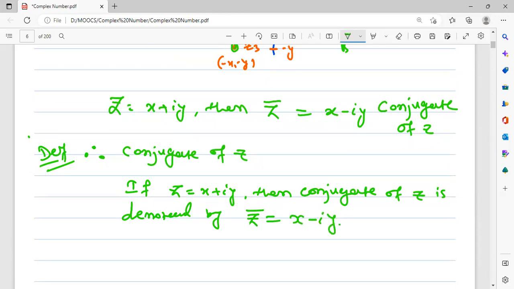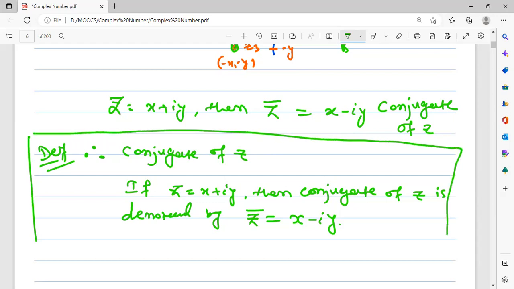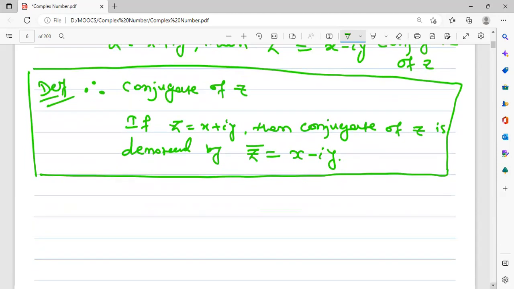Only what we have to do is change the sign of the imaginary part, not the real part.